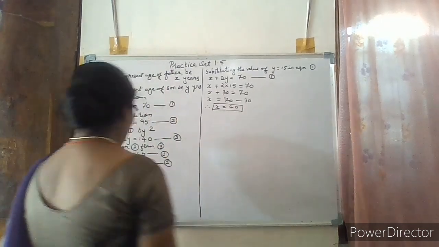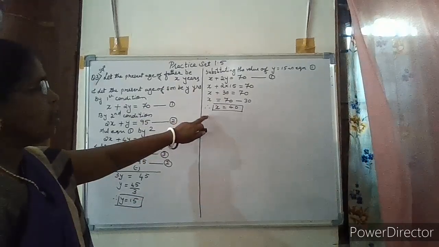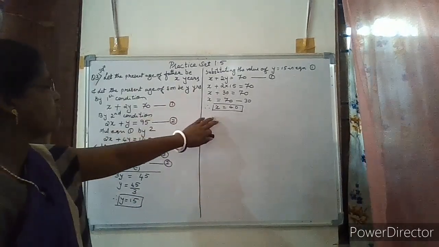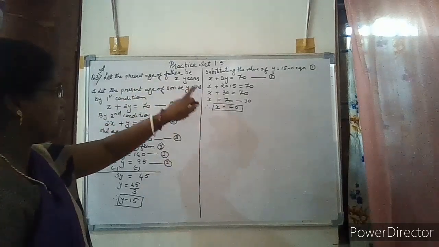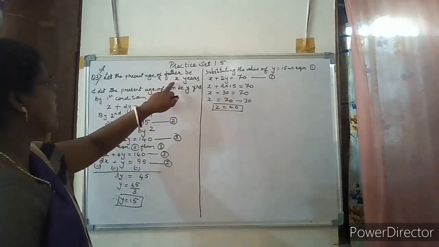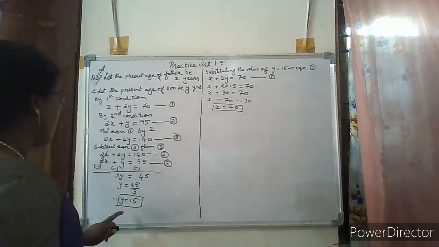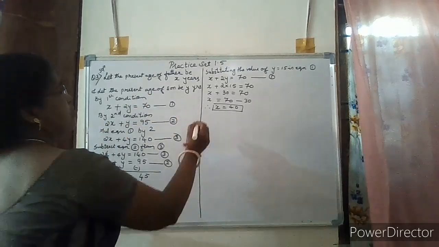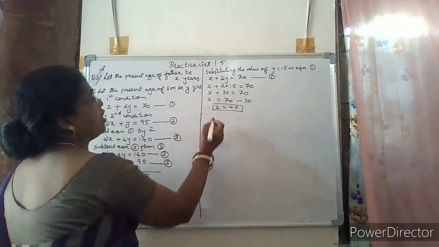That means x is representing the present age of father. That means the present age of father is 40 years and the present age of the son is 15 years. So write the solution or the concluding answer.